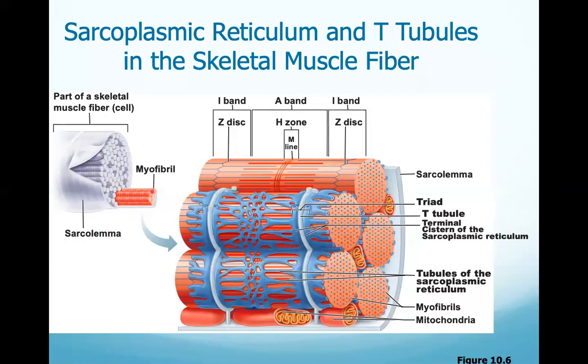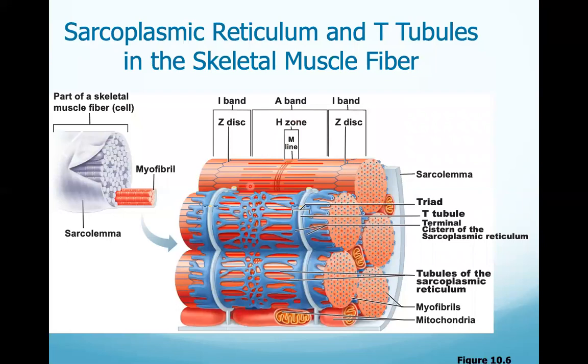These are my myofibrils, which were the long blue cylindrical structures I've drawn inside. Notice the color coding, guys. Do you see the red lines? Those are going to be your A band, which is depicting your myosin. And the blue lines we have right here, notice the thinness. Those would be your actin, which also form your I band.